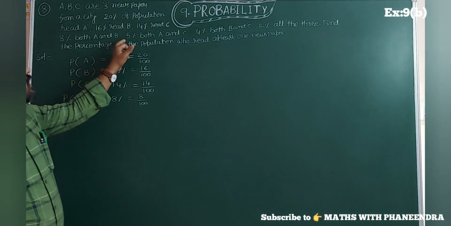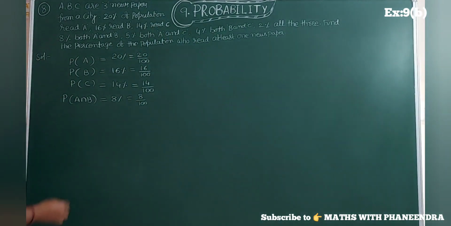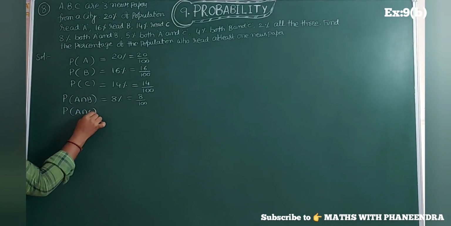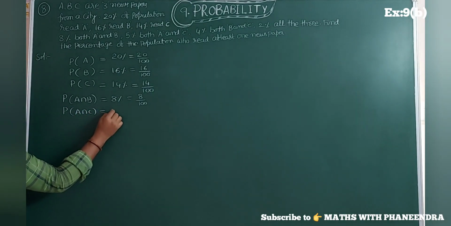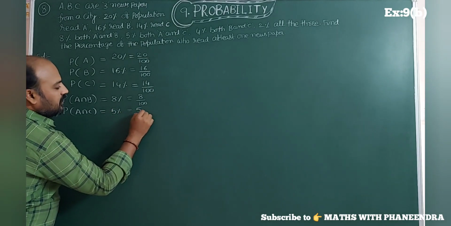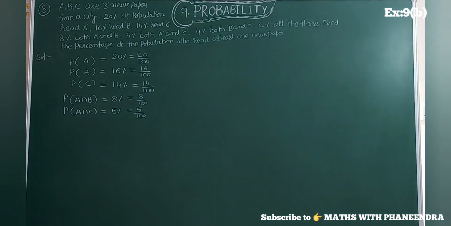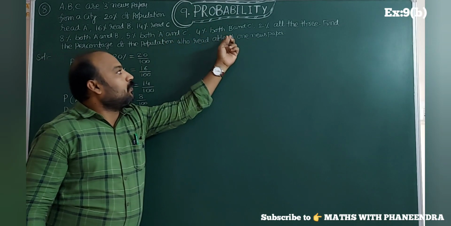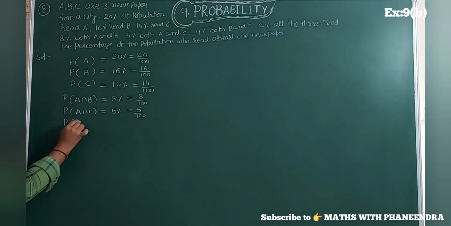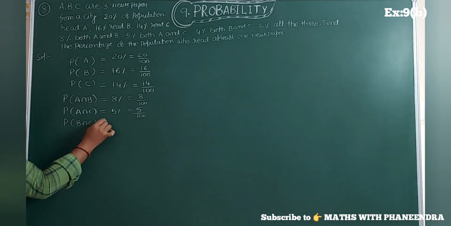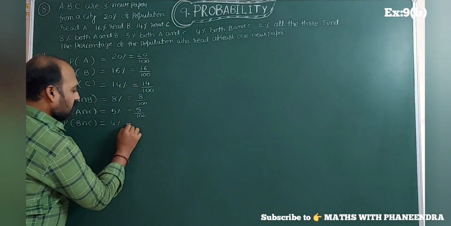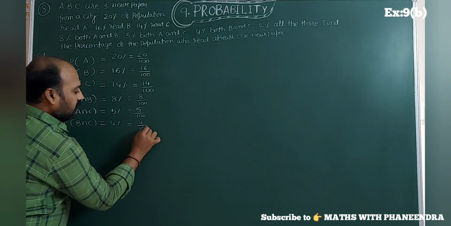Next, 5% read both A and C, so A intersection C is 5 by 100. Next, 4% read both B and C, so B intersection C is 4 by 100.